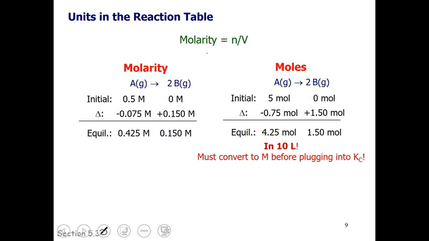So in this simplified example, if you had A going to 2B and initially started out with 0.5 molar, you notice that if we were to go forward this tiny amount of 0.075 molar, you would of course match the reaction stoichiometry and have plus 0.15 molar here, and your equilibrium concentrations would be in units of molar. But if, for example, you had the same problem and you were told that you have 5 moles of material in 10 liters, your reaction table would be similar, except off by a factor of 10.